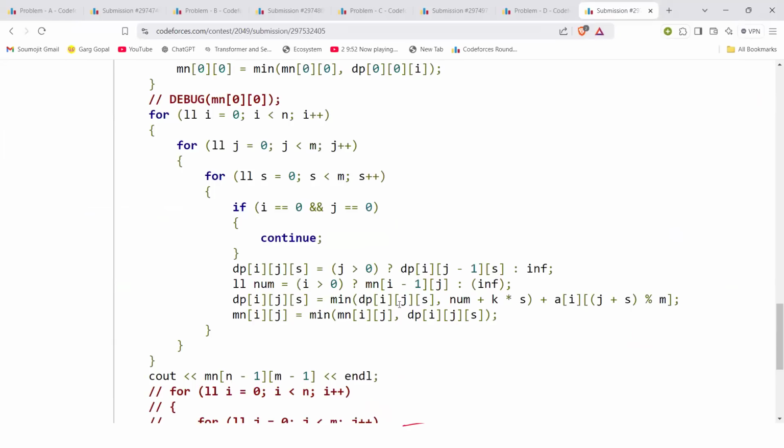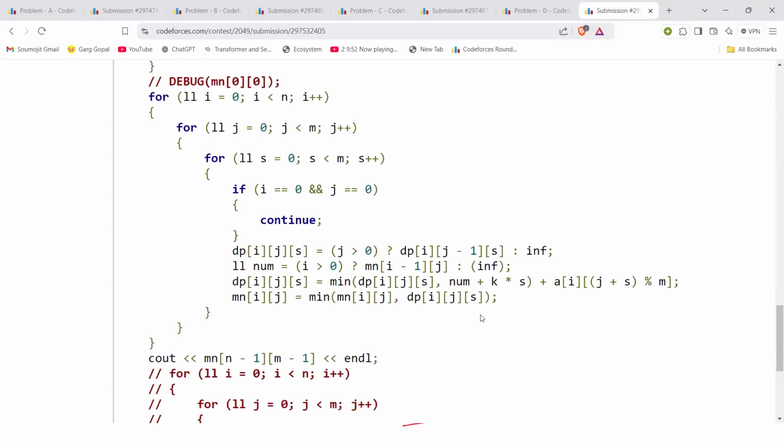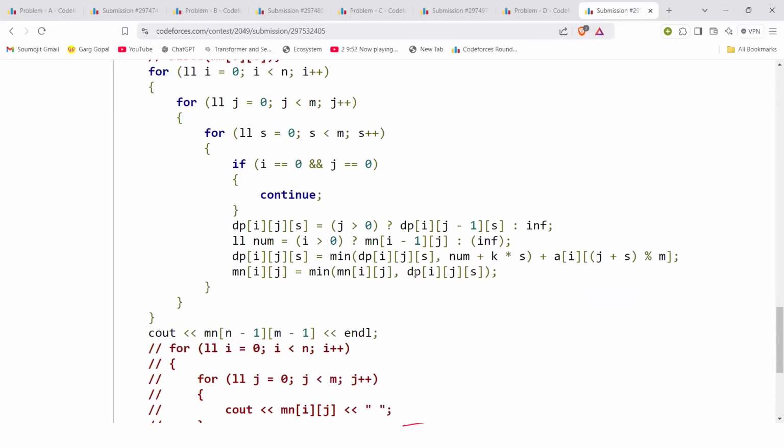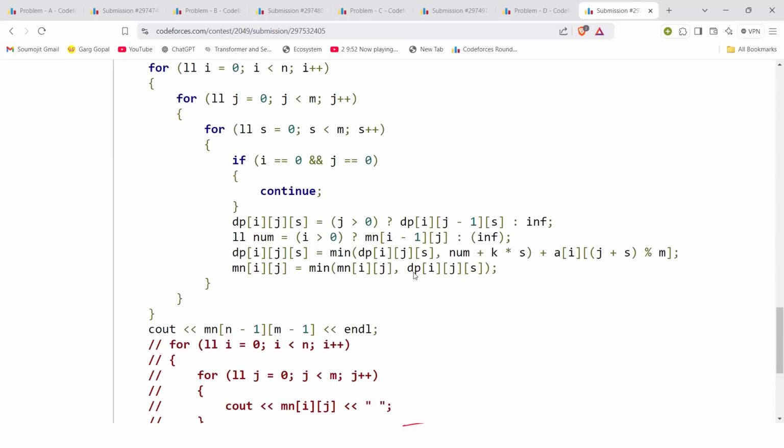After this value is computed for dp i j s, we actually do the optimization. We compute the minimum of mn i j and store it with dp i j s again in the array. This actually helps to avoid doing an order n loop, because we store the value in an array and the transitions can be implemented in O of one time.